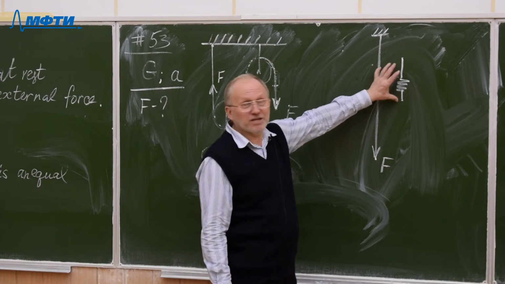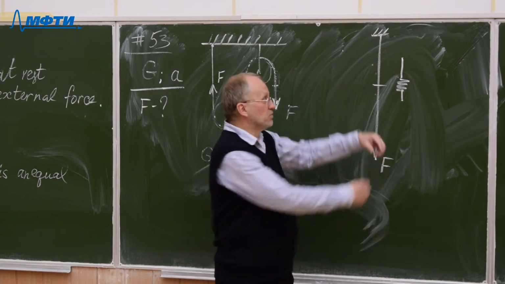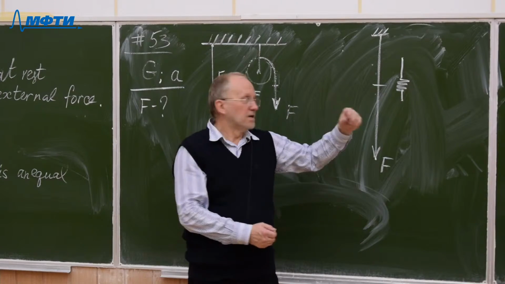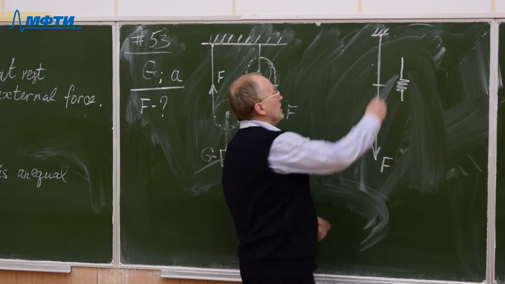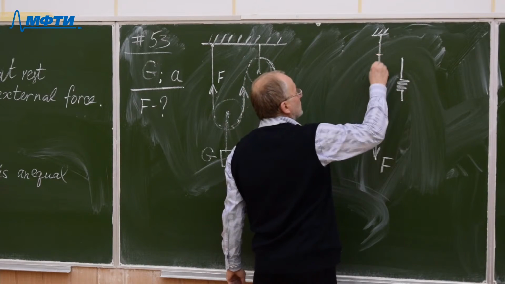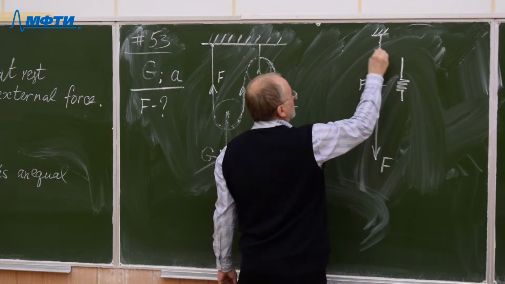And elongation of the spring will show you the magnitude of the force pulling the spring. And you can measure force in any point of the string. And everywhere the force will be equal to F, here, here, and here.